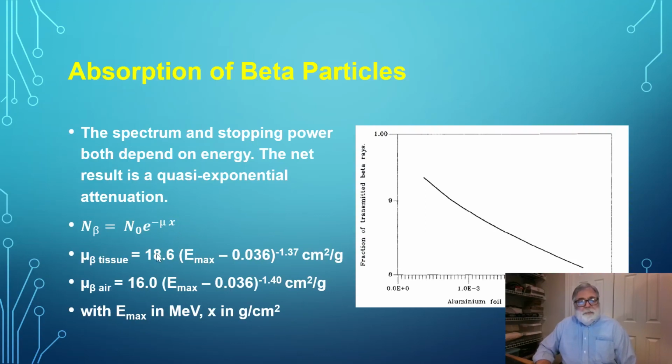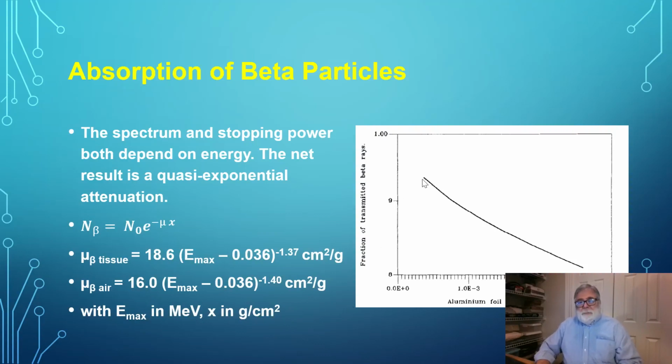So the formula for mu, determined empirically, is shown here: 18.6 (Emax minus 0.036) to the minus 1.37 for tissue, and for air it's 16 (Emax minus 0.036) to the minus 1.4. Emax is in MeV, and x, as I said, is in grams per square centimeter.